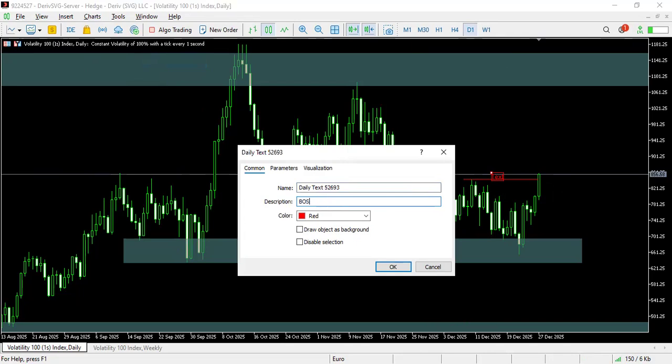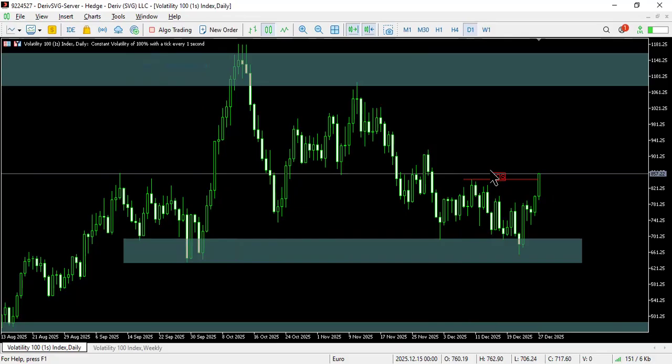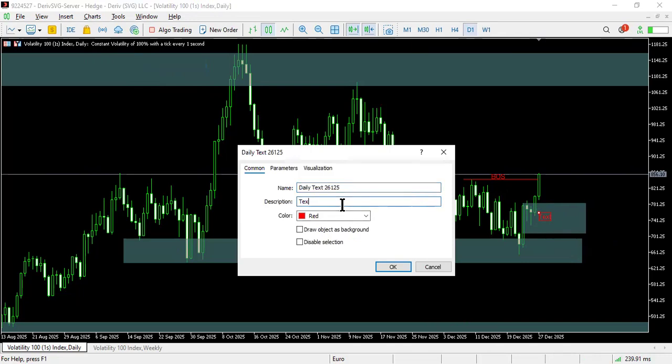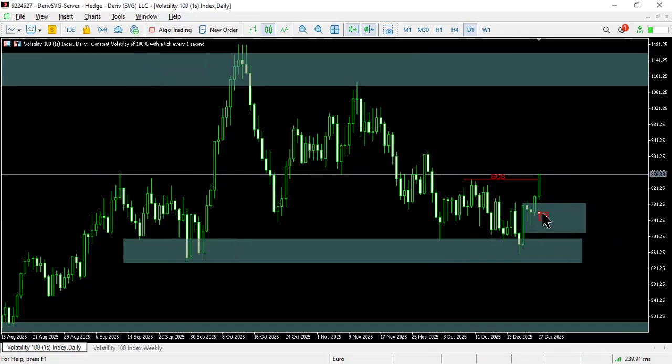And then the order block which caused that break of structure from the daily time frame is that one. So now we are waiting for price to come and mitigate that order block for us to get an entry. That's pretty much it from the daily time frame.